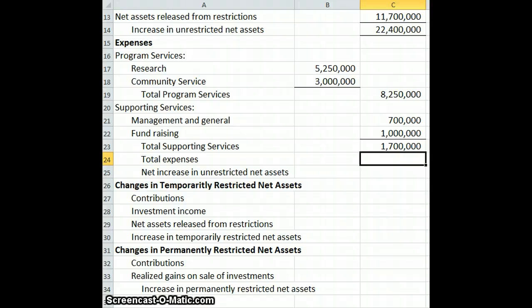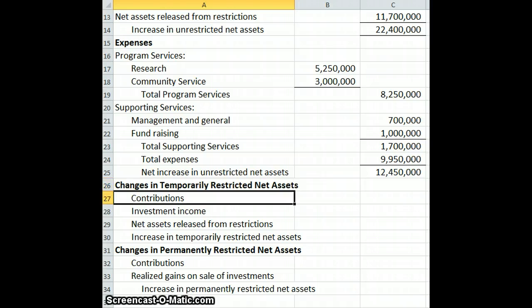Our total expenses then are going to equal our $8,250,000 plus our $1,700,000, which gives us $9,950,000, and we are going to subtract that from our revenues of $22,400,000. That's going to give us an increase in our unrestricted net assets of $12,450,000.